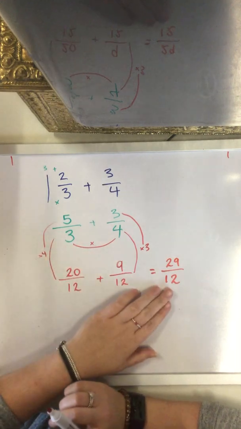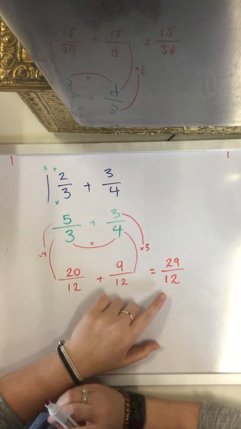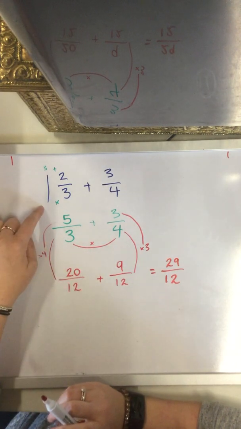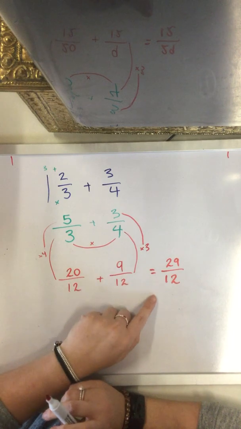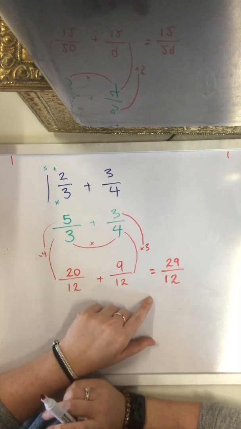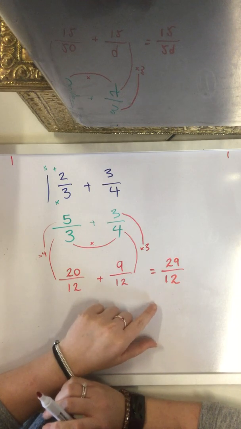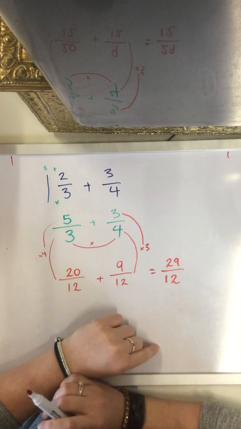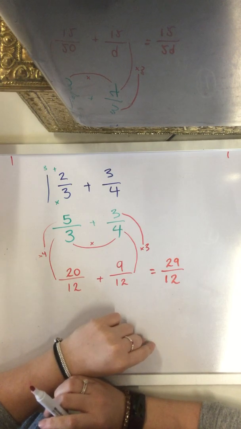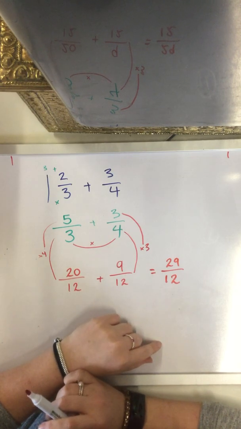So yes, this answer is technically correct, but I need to now make this into a mixed number, just like this one. So what we're going to do is convert this back over. Now I'll do the conversion with you, but if you need further practice or reminding about conversion, I uploaded some video links or some website links on our Home Learning Hub page. So have a little look on those if you want further reminders.